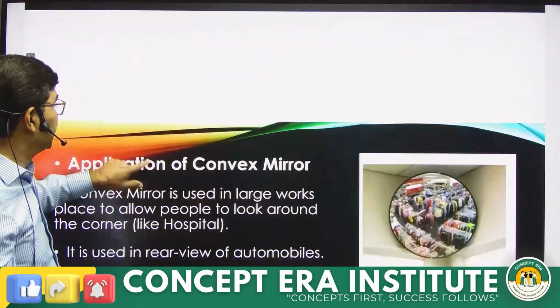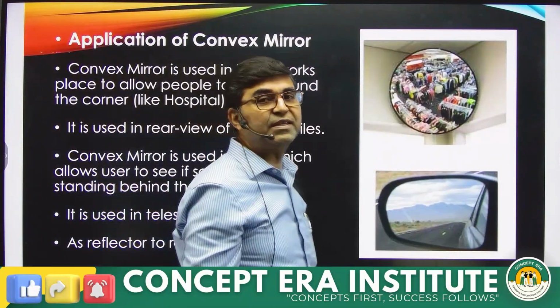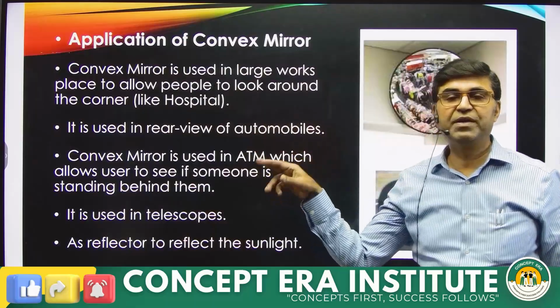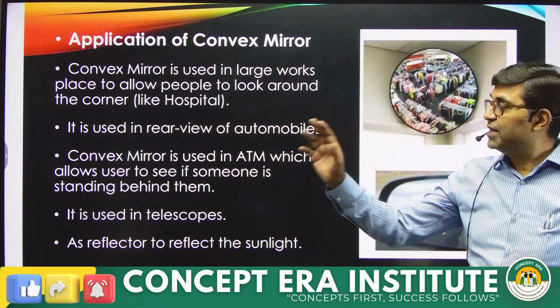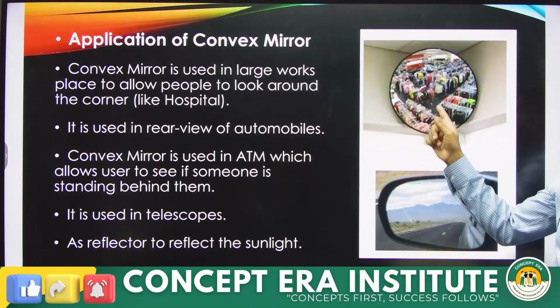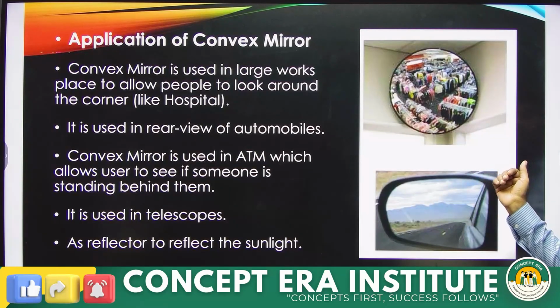Now coming to the applications of convex mirrors. At the busy intersections, you must have noticed a circular mirror placed just where the roads are meeting. It is so because in this case, you can see whether an object is coming from the other side or not. At the blind intersections where you are not able to judge whether a car or a vehicle is coming from the other side, this mirror helps you to see whether somebody is coming, so you can act accordingly.